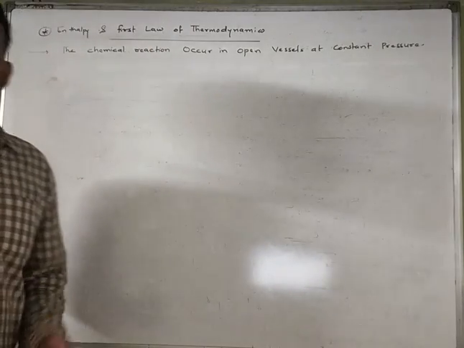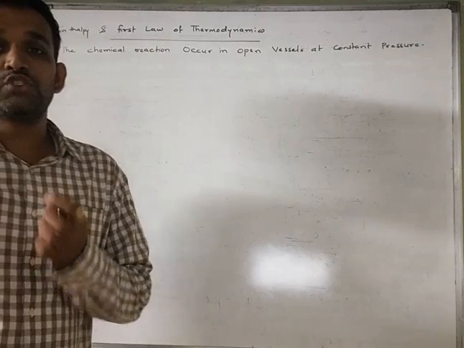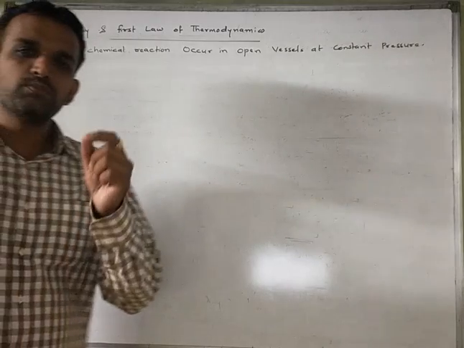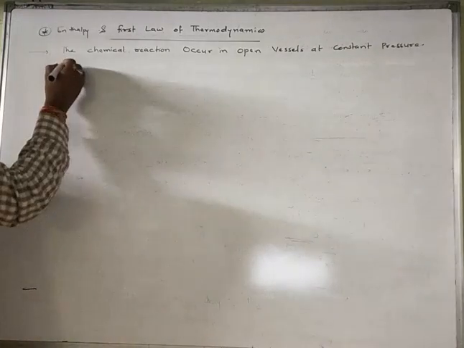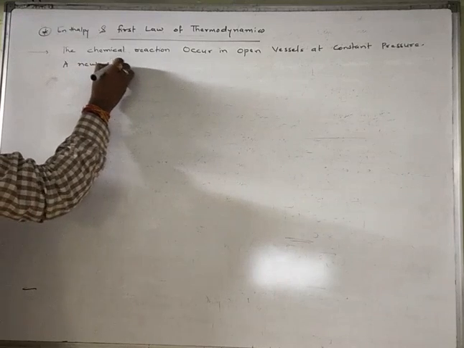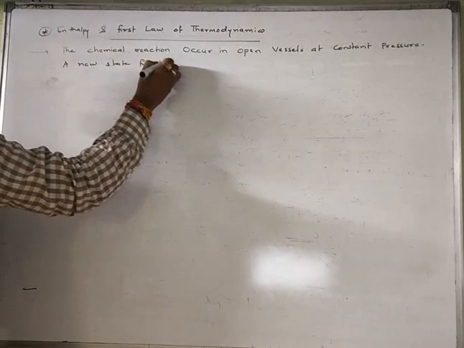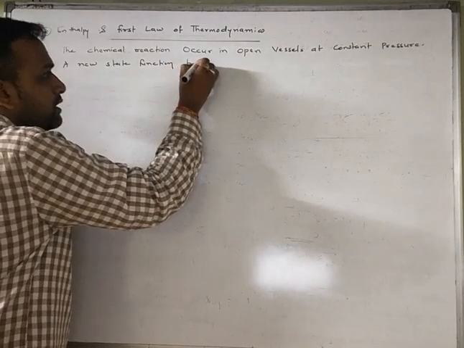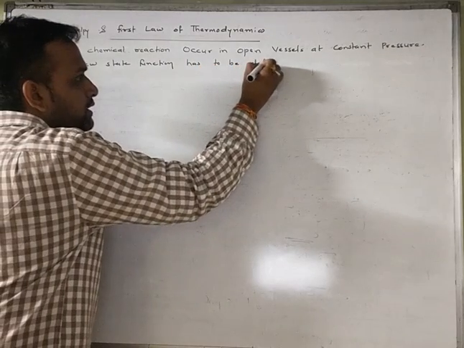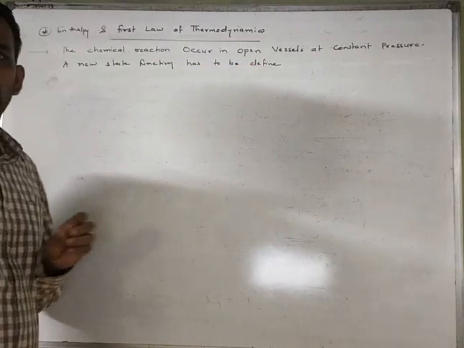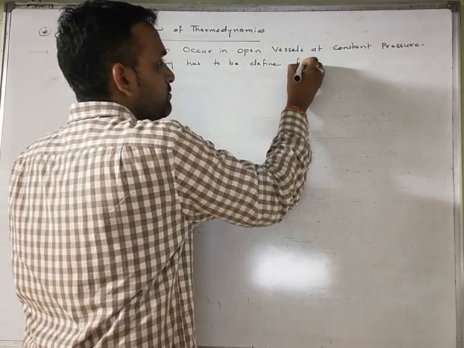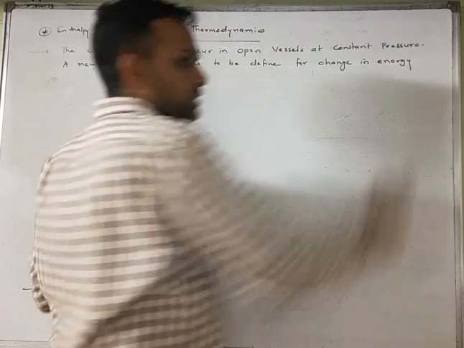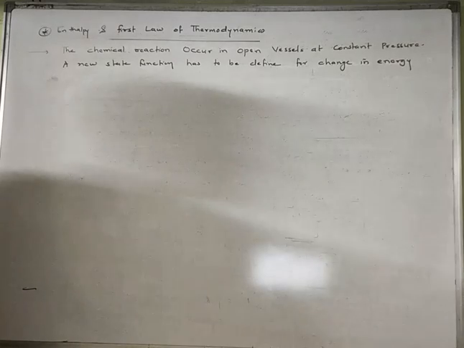Now a new state function has been defined, that is a change in energy occurring on this type of process, and this state function is said to be the enthalpy, right? So I can write down, a new state function has to be defined for change in energy occurring on this type of process.